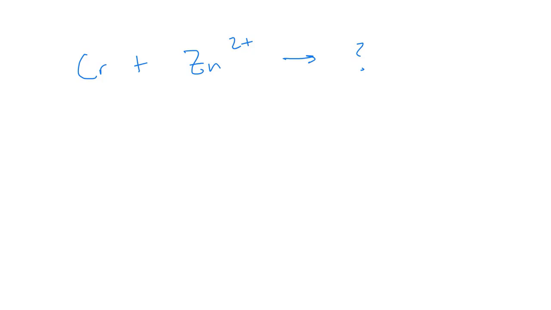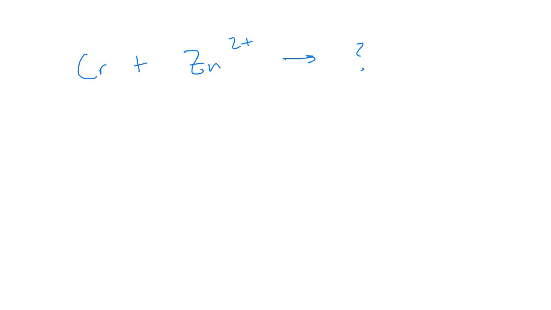Okay, so looking at the activity series on Google, chromium is below zinc on the activity series. So zinc is more likely to lose electrons than chromium would be.